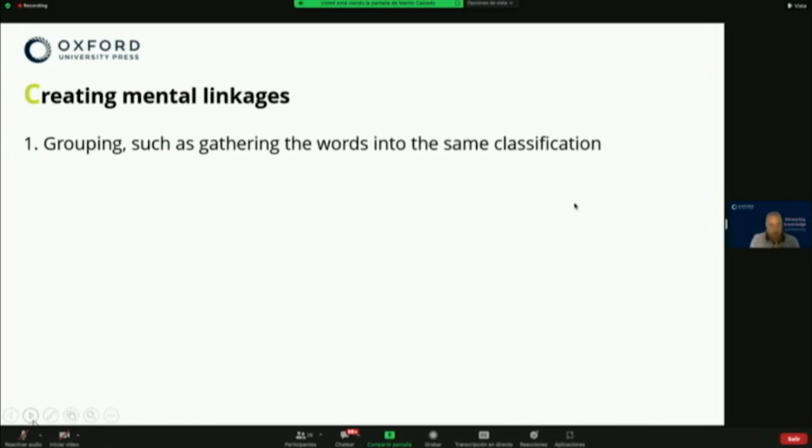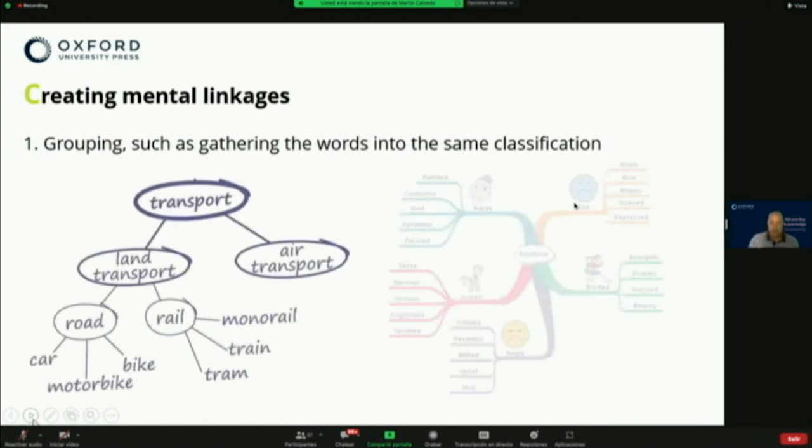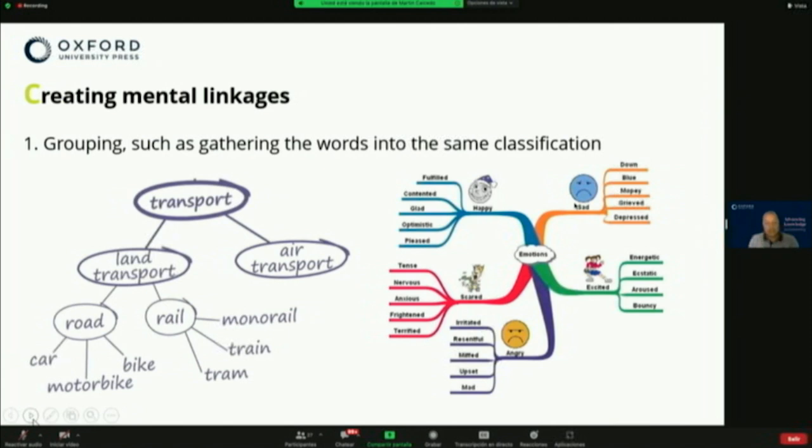One is grouping, and a way in which we do that is, for example, when we do a mind map. When we do this, we are organizing our brain, organizing our information, and creating links between words, concepts, images, and sounds.